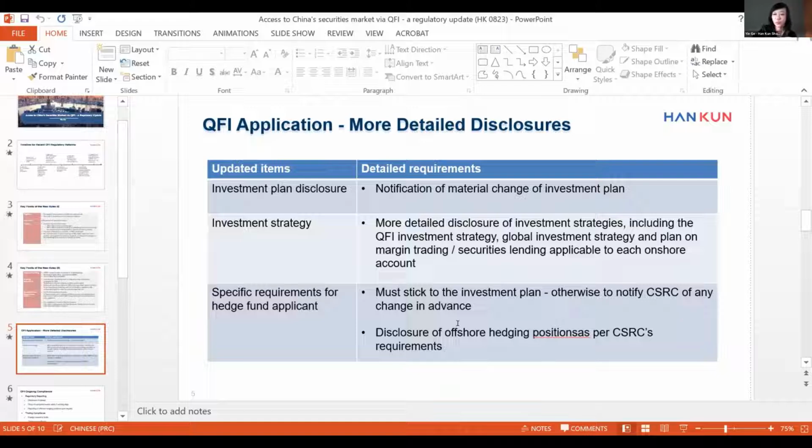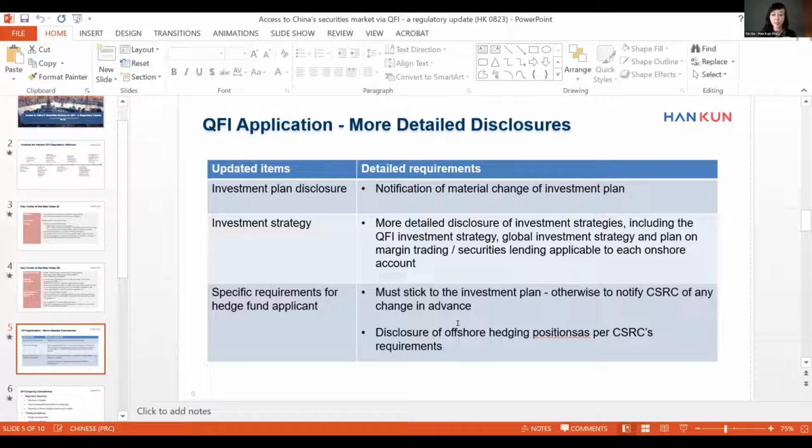For example, in the new application form, the regulator will ask the investor to represent or explain whether their investment strategy involves program trading, any shorting of A shares, or any quant trading.